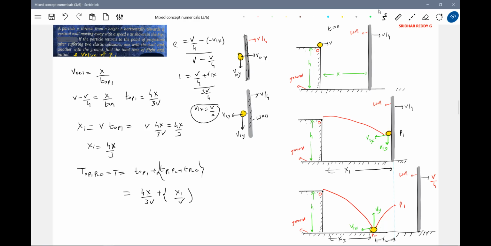This flower bracket, the way we write it, is very important. I'll go to the next one. The next problem I will pick up, the same question. I hope this question will help you understand the way I'm solving.